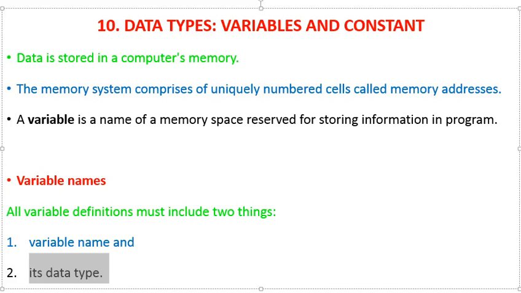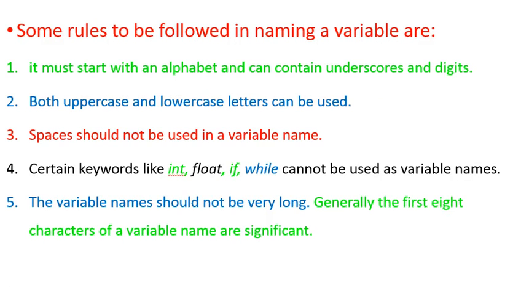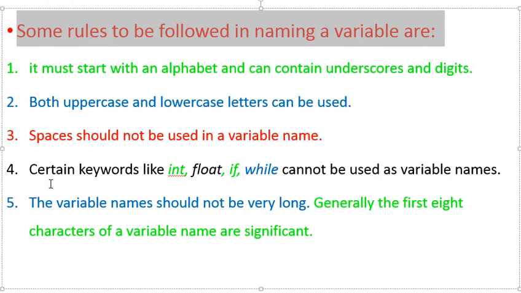So with this we go to the point of looking at some rules that we must follow in giving a proper name to a variable. What are the rules that we must follow if we want to give a name that is acceptable to the variable when writing a computer program?